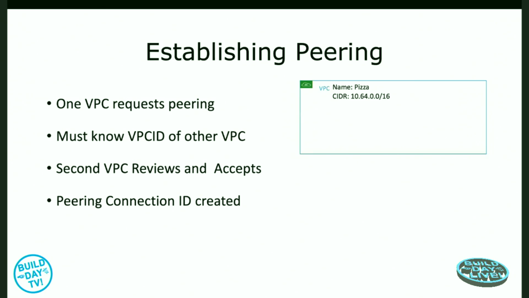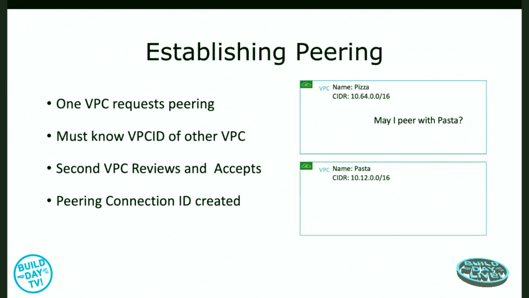So we might have a VPC called pizza, and it might request a peering connection to a VPC called pasta. On the pasta side, there will be an acceptance of that peering connection. Then the peering connection comes in with a peering connection ID, that PCX-some hex. That's the process for creating the peering connection.